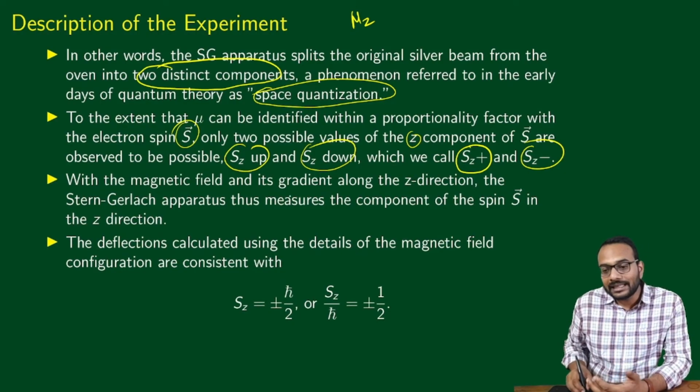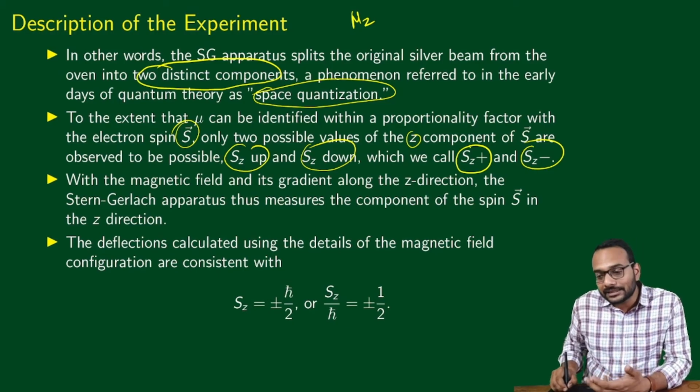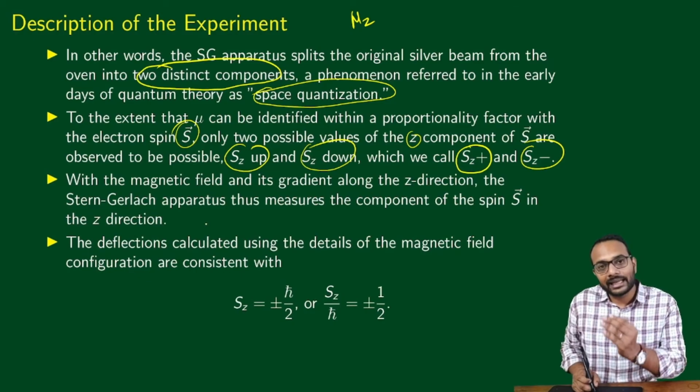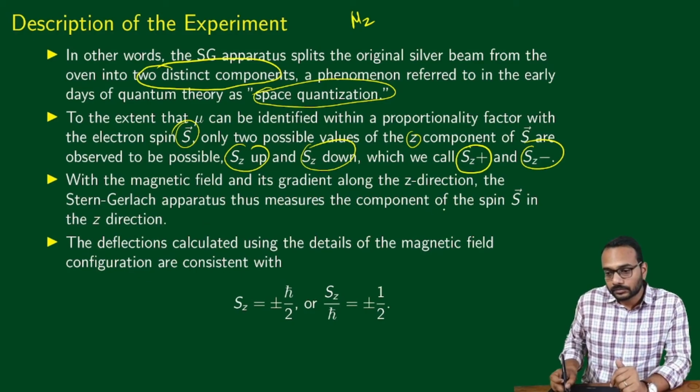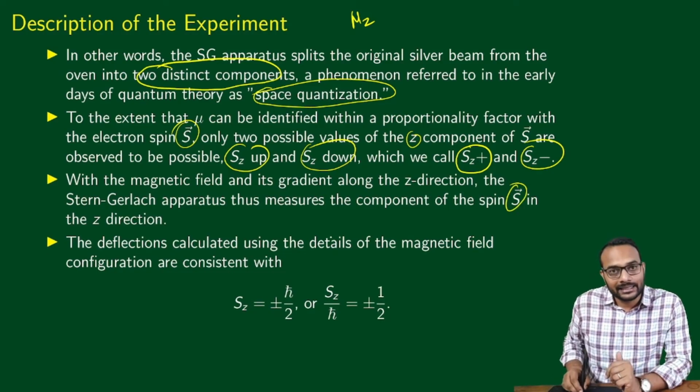Now, with the magnetic field and its gradient along the z direction, the Stern-Gerlach apparatus measures the component of the spin S vector in the z direction. Since the gradient is along the z direction, what we measure is the component of S vector in the z direction.